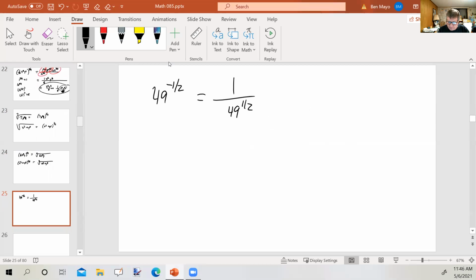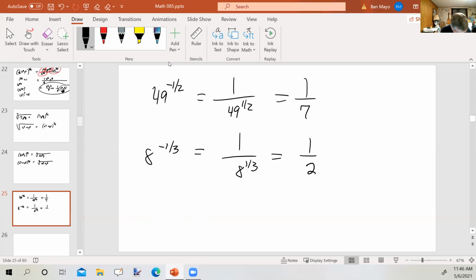Recall that if you have a base raised to a negative exponent, you can rewrite that as 1 over the base and then to a positive exponent. 49 to the 1/2 power, the square root of 49 is 7. 8 to the negative 1/3 power would be 1 over 8 to the positive 1/3 power, which would be 1 over the cube root of 8, which is 2.